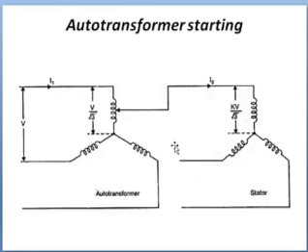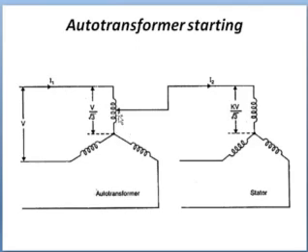Now in auto transformer starting, we will use an auto transformer between the supply and the motor. The starting current is always the current which is drawn from the supply. Now if we use a three-phase auto transformer whose turns ratio is k, the secondary of the auto transformer is connected to the motor.